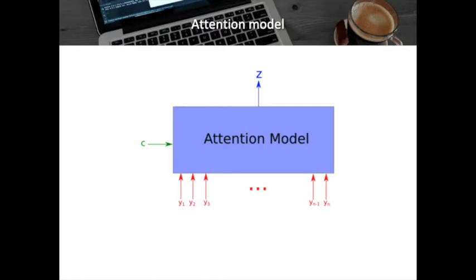In general, the attention model represents a function or a method that takes input arguments, here labeled y1 all the way up to yn.